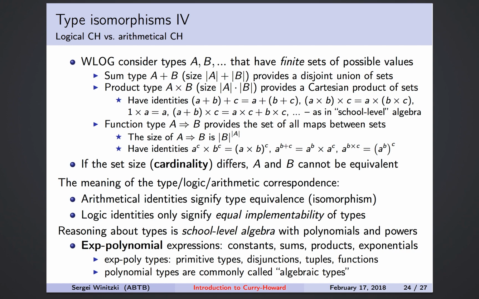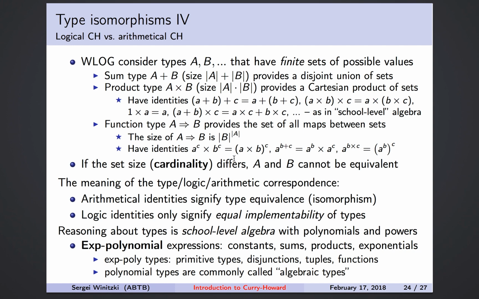So if one type is logically equivalent to another, it means they're equally implementable. If one is implementable, another is also implementable. But no more than that. Whereas arithmetical identities actually tell you about isomorphism of types.